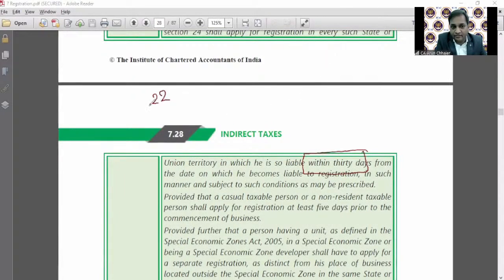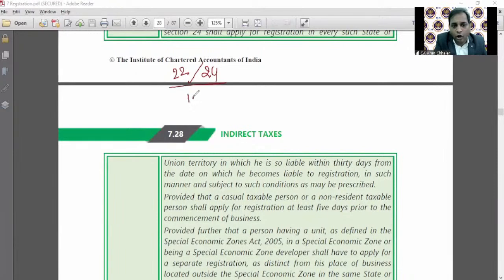Suppose I was covered by section 22 or section 24, then I have to make the application within 30 days. Try to understand this point. It will be applicable in two places. Suppose my turnover exceeds the threshold limit, or I am covered by any of the provisions in section 24.